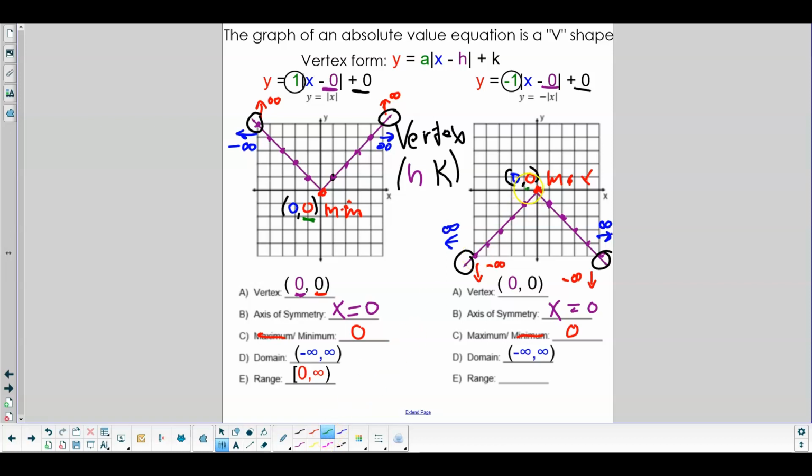So it's kind of backwards, which means that your infinity has to be first because it's negative, and then you go 0 second, and then again, bracket on the 0, parenthesis on the infinity. So hopefully this is a good reminder of what we just did on 4.2.